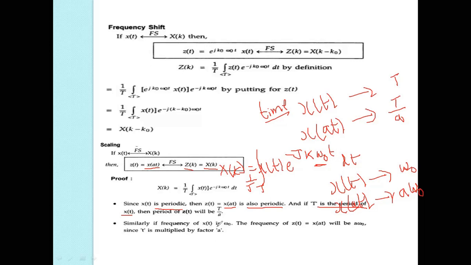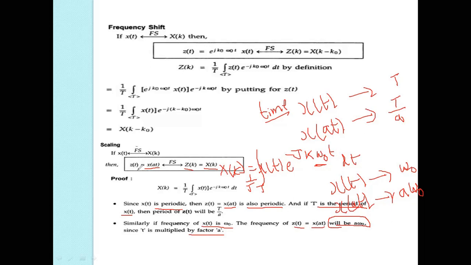Similarly, if the frequency of x(t) is omega naught, the frequency of x(at) will be a into omega naught. Since t is multiplied by a factor of a, the frequency is also multiplied by the factor of a. You remember these two facts.